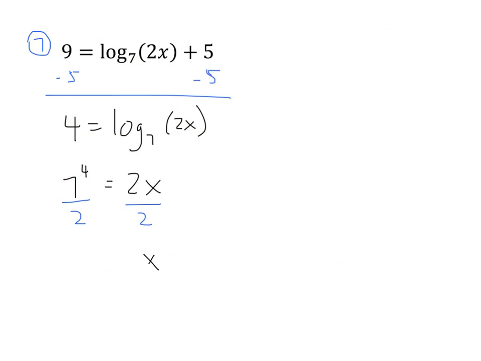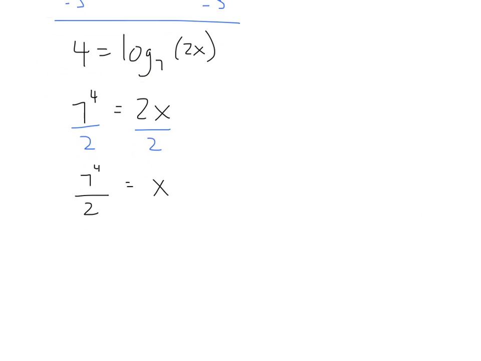So x is equal to 7 to the 4th power divided by 2. This gets pretty big, so we'll use our calculators to calculate that in class, but I went ahead and did it. This comes out to be 1,200.5. All right, we'll practice more of these in class.